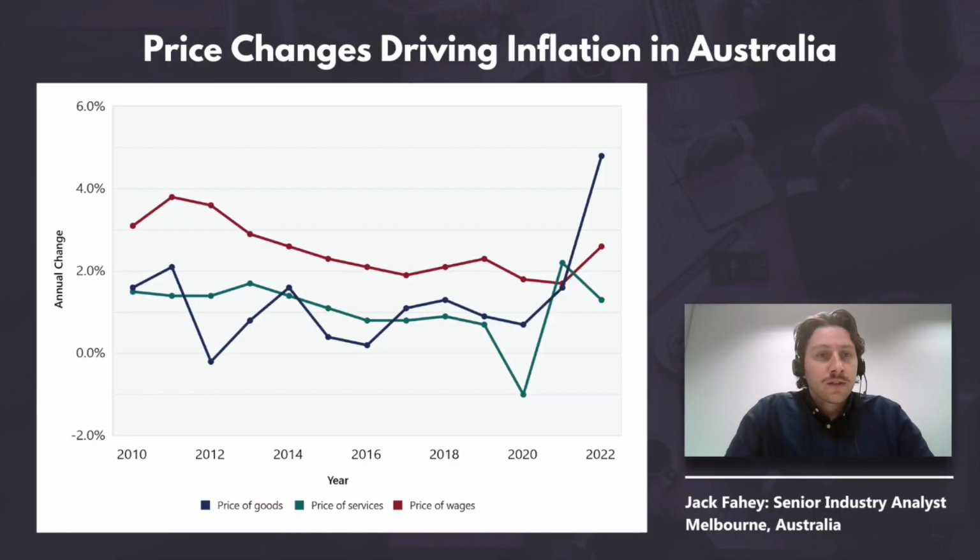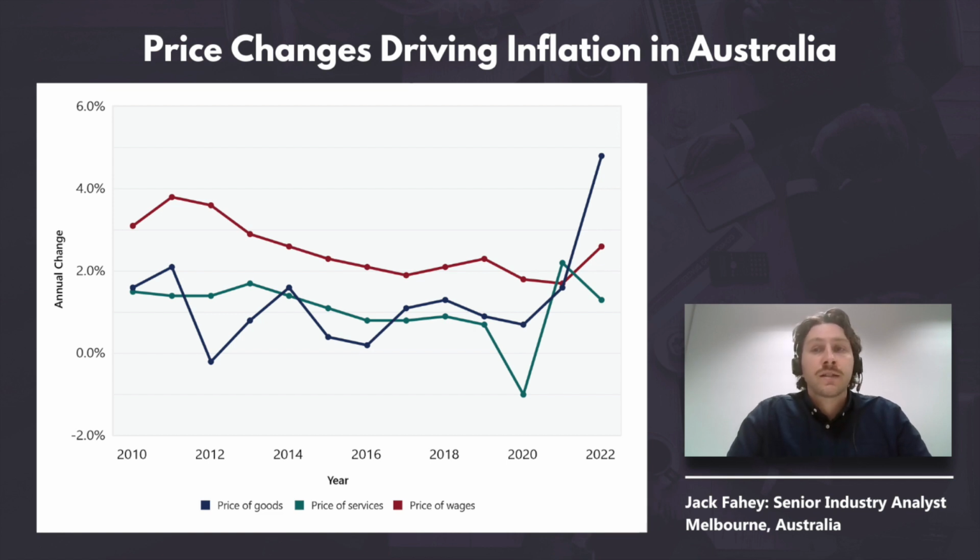I would argue that the situation in Australia is probably more ambivalent and more mixed. Like Europe and the United States, we had a decade of relative price stability, followed by a sharp increase in 2022. But the drivers of this inflation are isolated to material goods, mostly imported goods. So this really shows the importance of global supply chains as a driver of inflation.